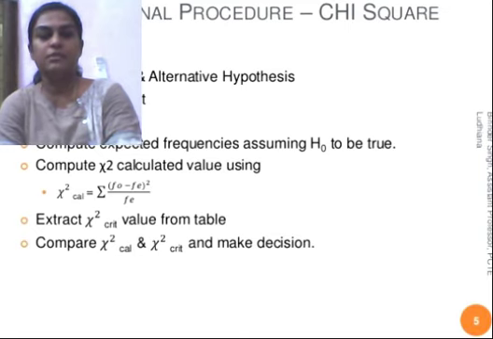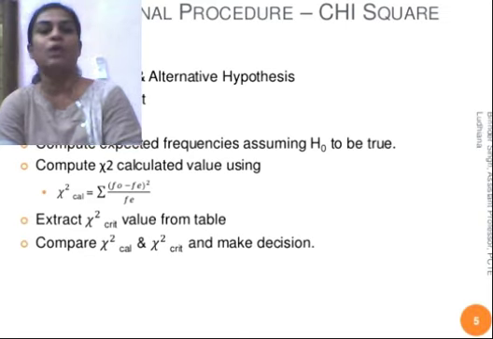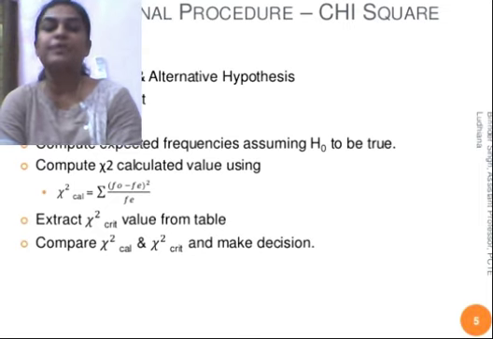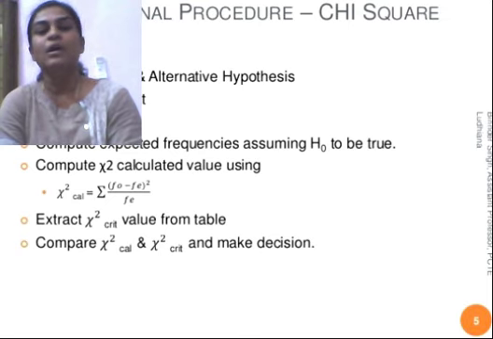Here, in these steps, like ANOVA, we first have to formulate a null hypothesis and an alternative hypothesis. Next, we state the type of test we are going to use. Then we select the LOS, that is the level of significance. Later, compute the expected frequencies assuming H naught to be true.